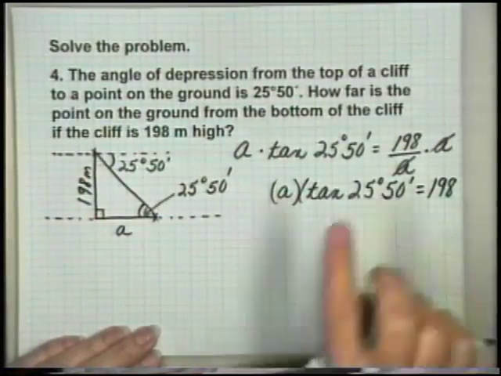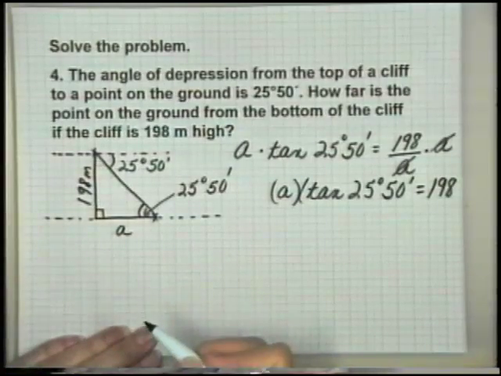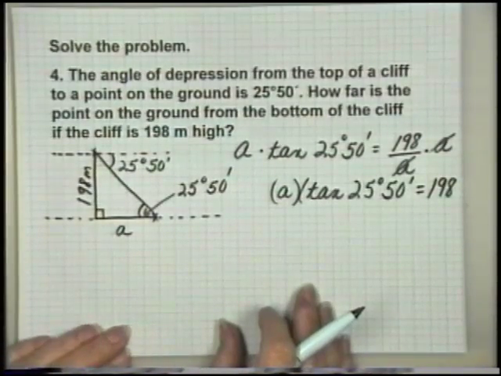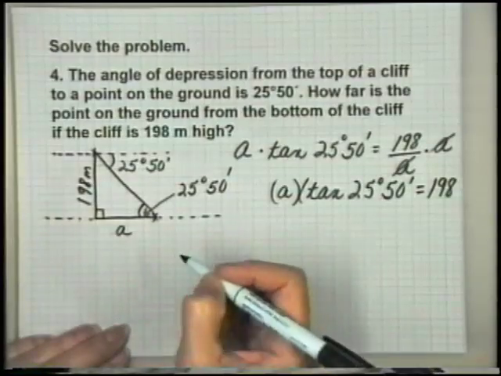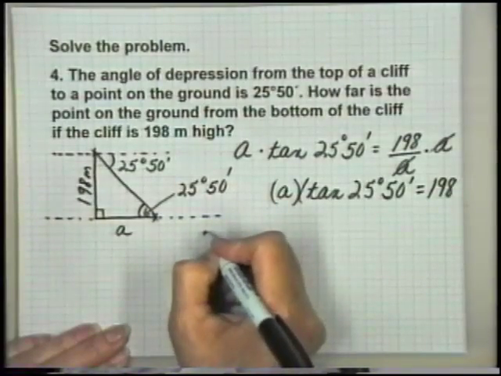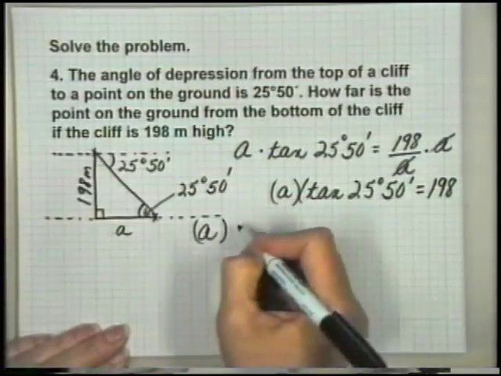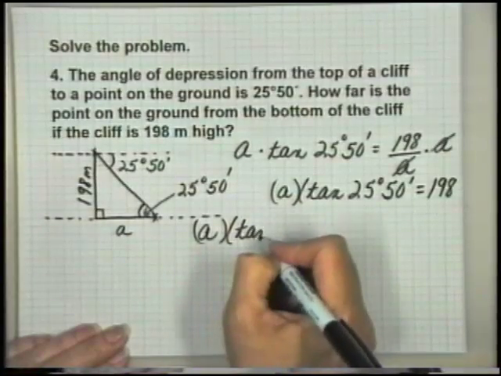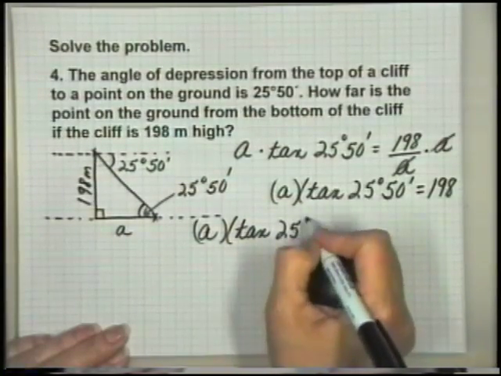Now, to undo multiplying A by the tangent of 25 degrees 50 minutes, we want to divide both sides of this equation by that. I don't really have enough room to do that, do I? So I'm going to rewrite it down here so I won't have to mess it up too much.